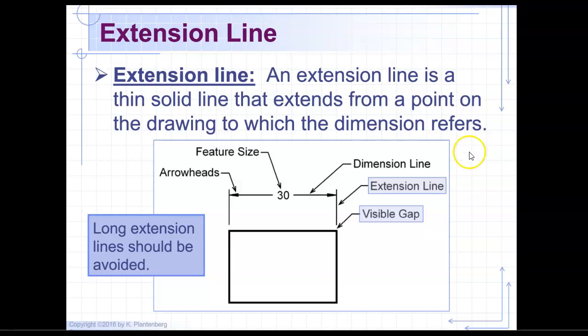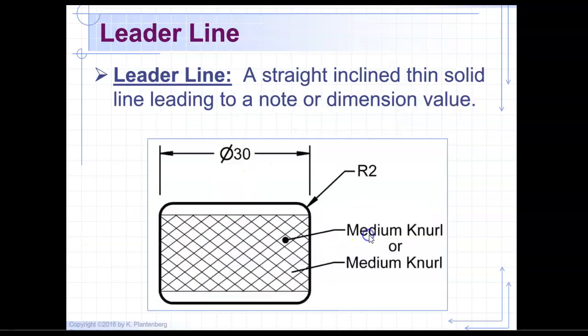Our extension lines are the thin solid lines that extend from the point on the drawing to which the dimension refers. Now we're also talking about a leader line, and there are several ways that leader lines can be used. Most of the time, and in the vast majority of the prints that I've experienced, the leader line is going to have an arrowhead on it.